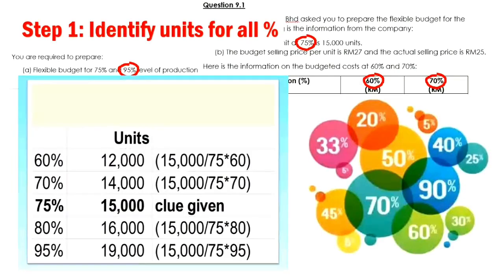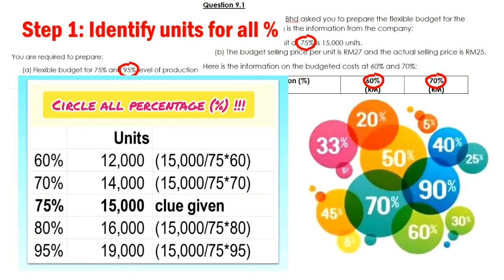Step 1. Identify units for all percentages. After you go through the question, you have to circle all the percentages that exist in this question. So we have 60%, 70%, 75%, 80%, and 95%.